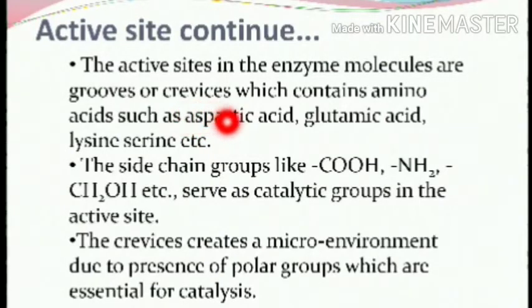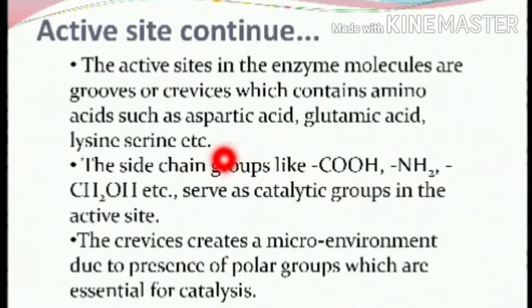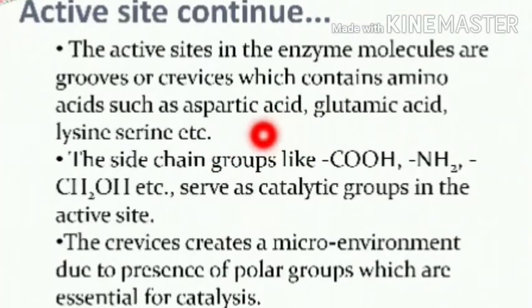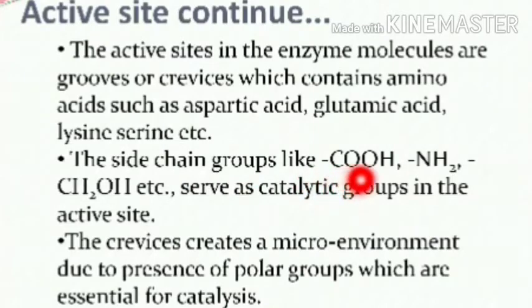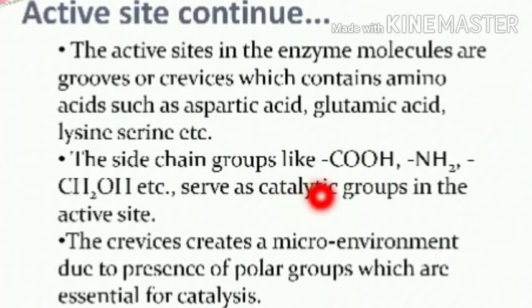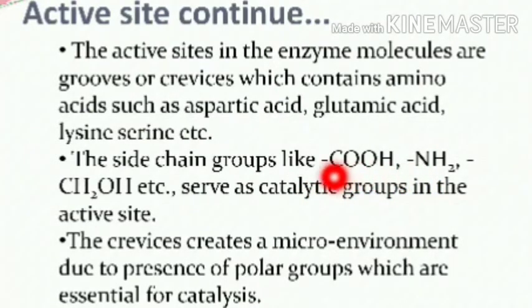So active sites are grooves or crevices which contain amino acids such as aspartic acid, glutamic acid, lysine, serine, etc. Different amino acids have different groups such as COOH, NH2, CH2OH, etc. that serve as catalytic groups in the active sites.